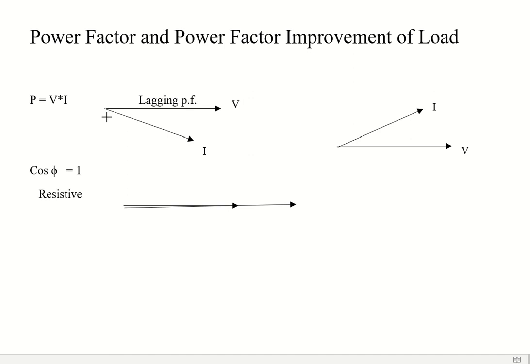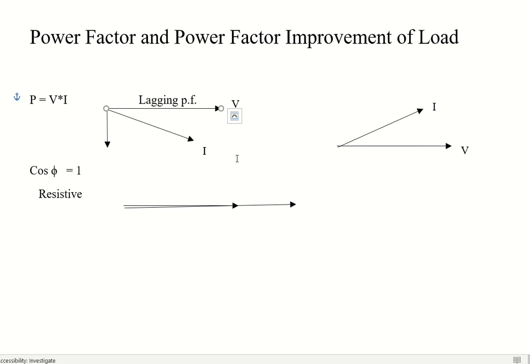We will draw them something like this. This is the component. Which component will it be? It will be the perpendicular one, and this one which is parallel to V will be the other component.